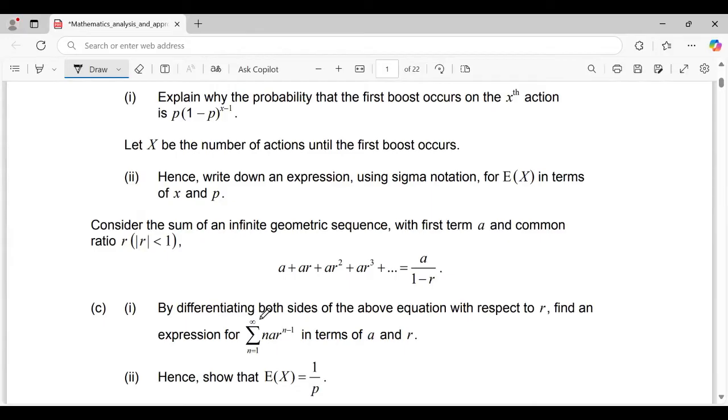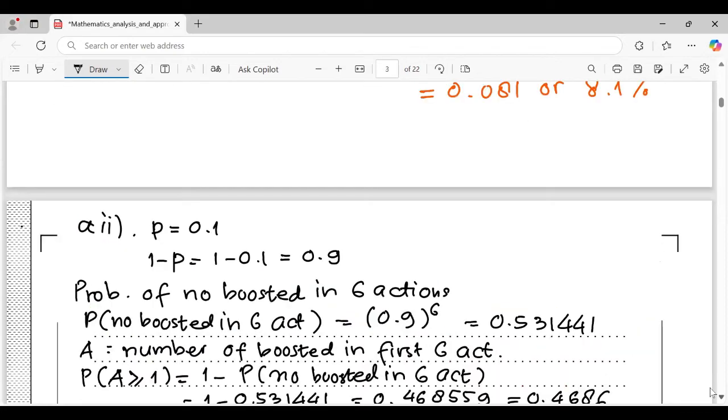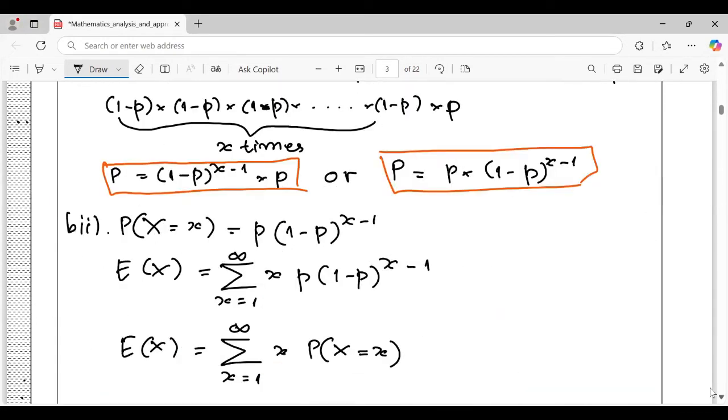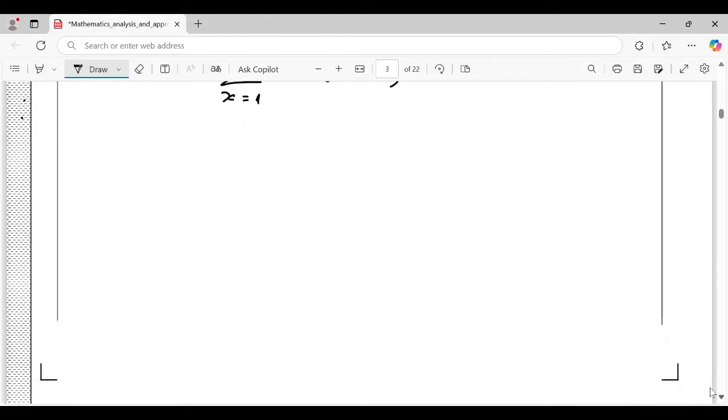By differentiating both sides of the above equation with respect to r, find an expression for sigma n a r power n minus 1 in terms of a and r. Okay, so we are going to find the left-hand side and right-hand side. Let's see.